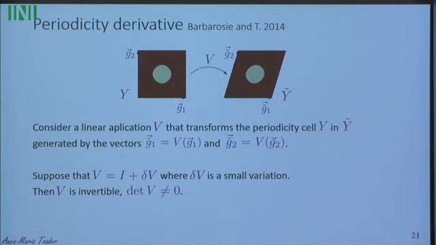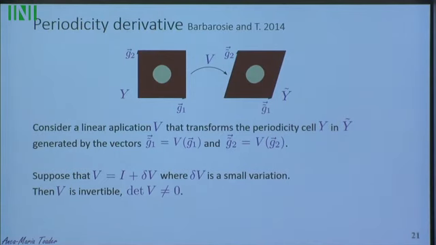So we shall deduce here the periodicity derivative by considering a transformation that takes this square, which may be anything, to this parallelogram. So what we transform are in fact the periodicity vectors that define each one of these two cells. And it's important here to suppose that this transformation is close to the identity, so it's equal to the identity plus a small variation.